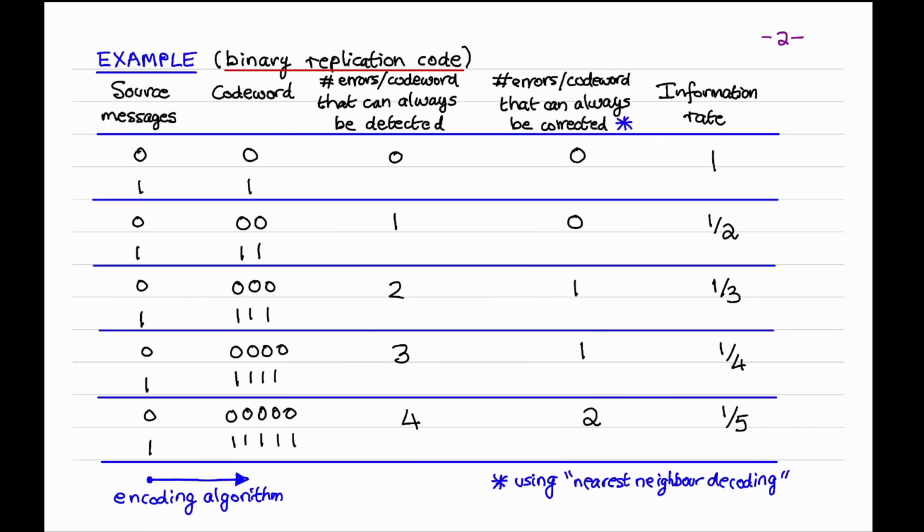We observe that we can increase the error detecting capability and the error correcting capability by replicating more bits. But the price we pay is increased bandwidth.